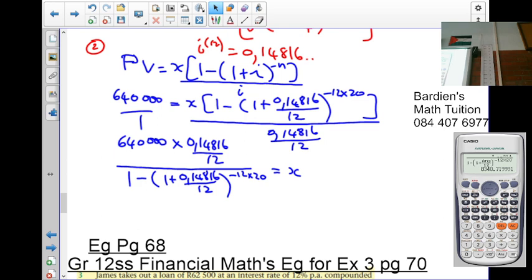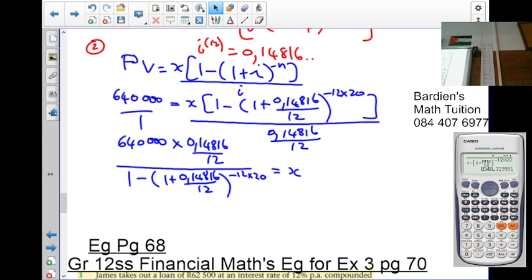The textbook gets an answer of 8,342 Rand and 46 cents. The reason again is that they haven't used the answer button. They used the rounded off answer 14,81 or 82.